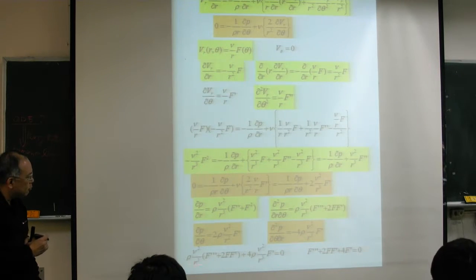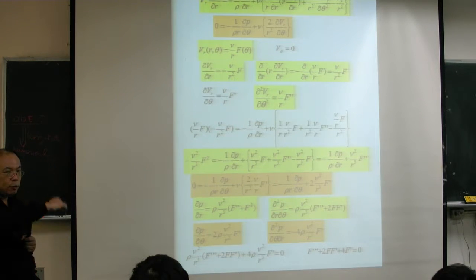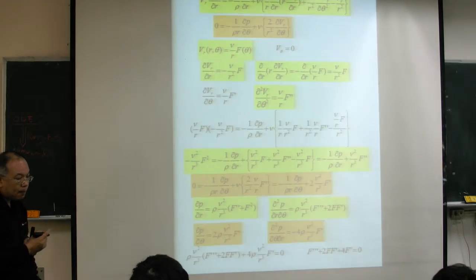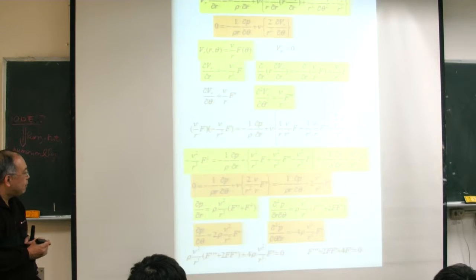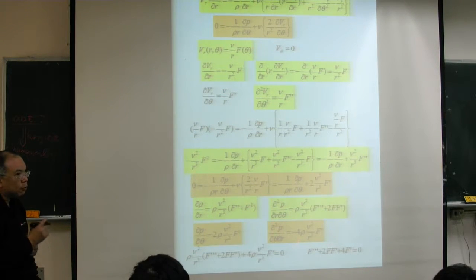By combining the R direction momentum equation and the theta direction momentum equation, I have this governing equation. After simplifying, I can get F triple prime, 2FF prime, 4F prime. This is reduced to this simple form of the equation for the F function.